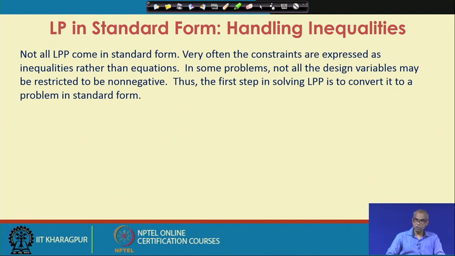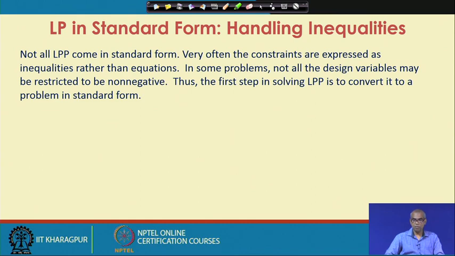That means there is no sign restriction on the values of the variable. That means that variable can take positive values as well as negative values, including 0. So, in other words, all linear programming problems will not come in standard form.